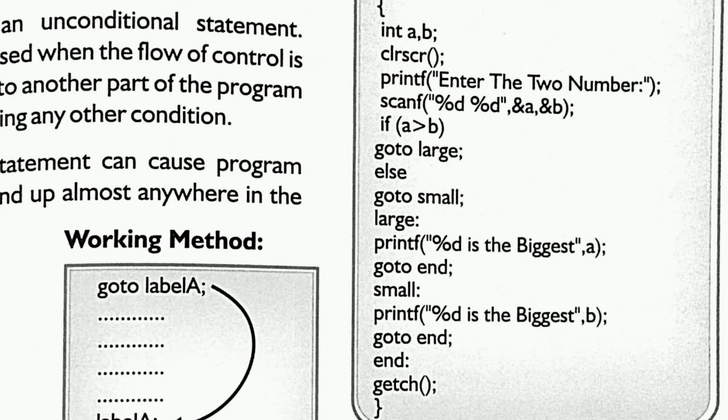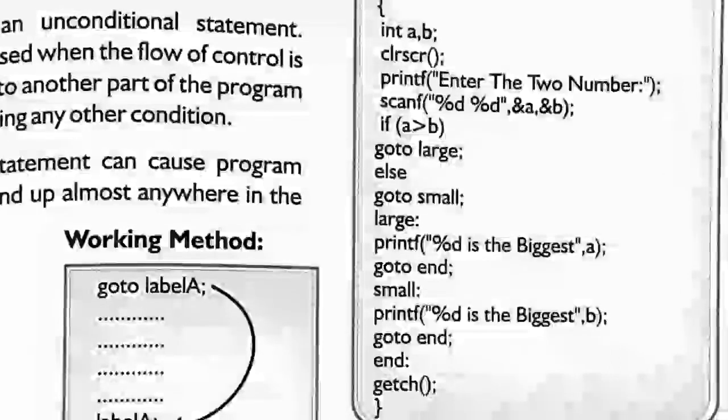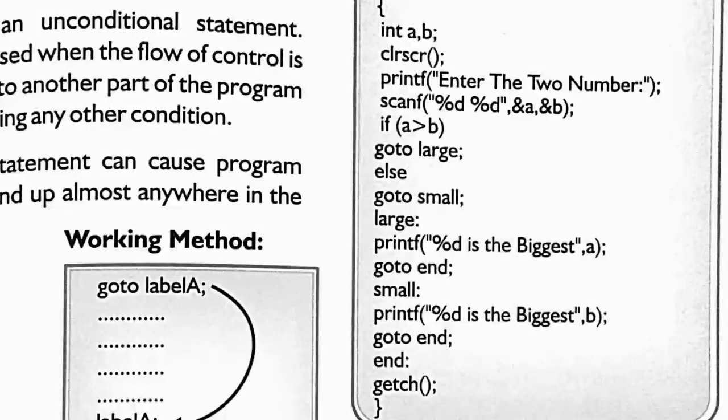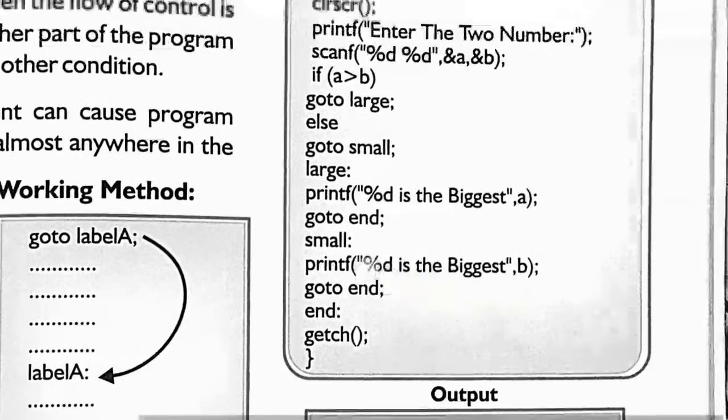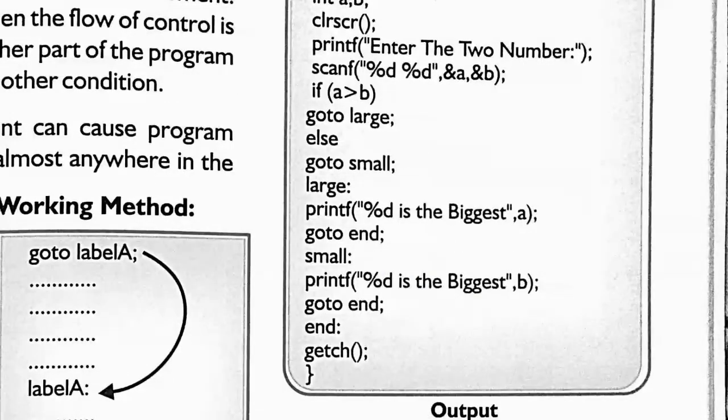Here you can see that they have given the syntax for this. Goto is a keyword and label A is the label, and when the label is seen in any part of the program, the control will be moved to that label.